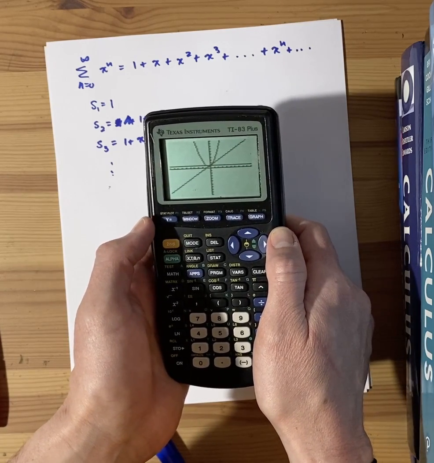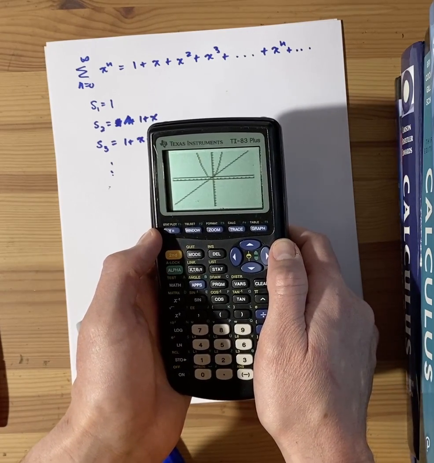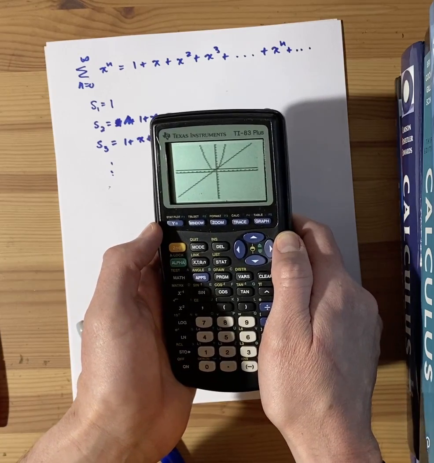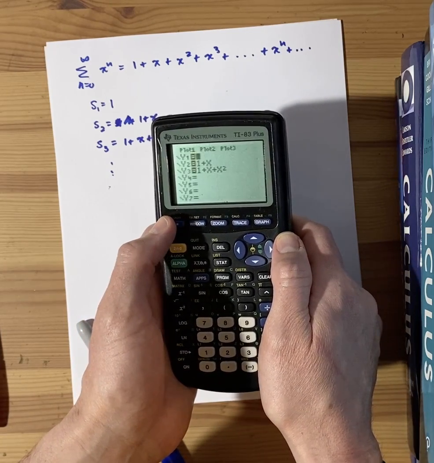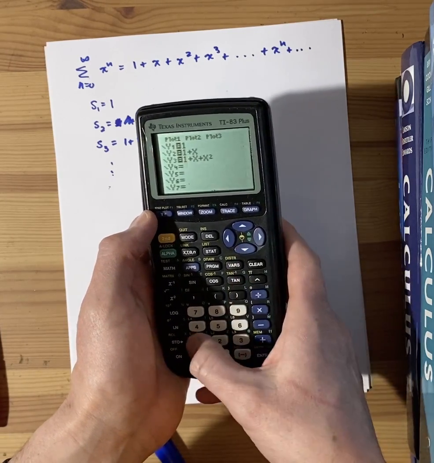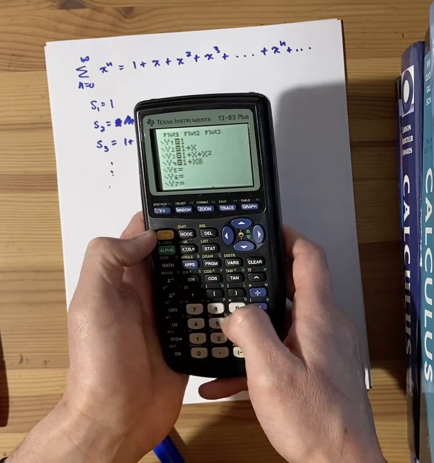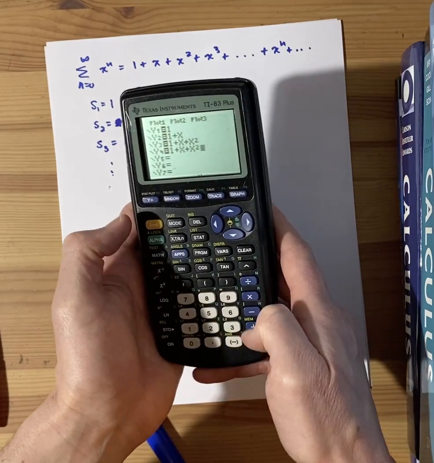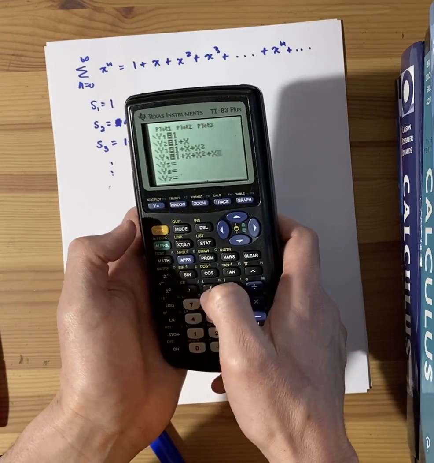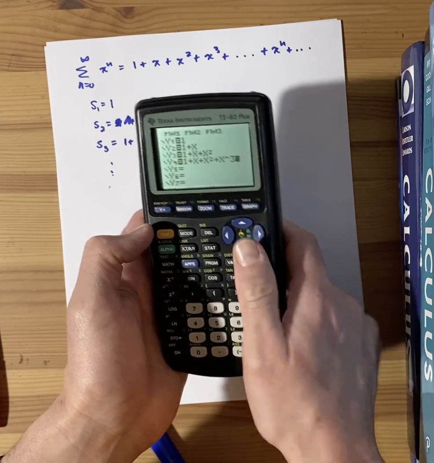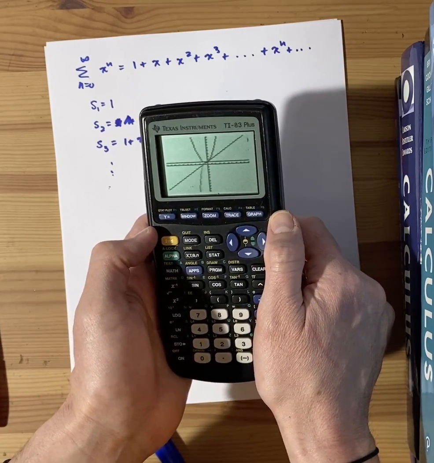Now, let's say I continue that and do one more of these. The fourth partial sum would be 1 plus x plus x squared plus x cubed. And here's the next one.